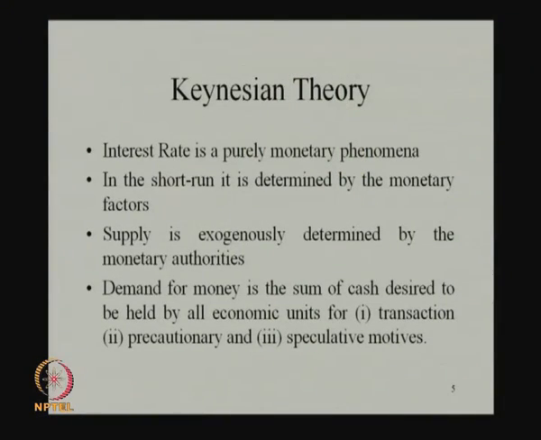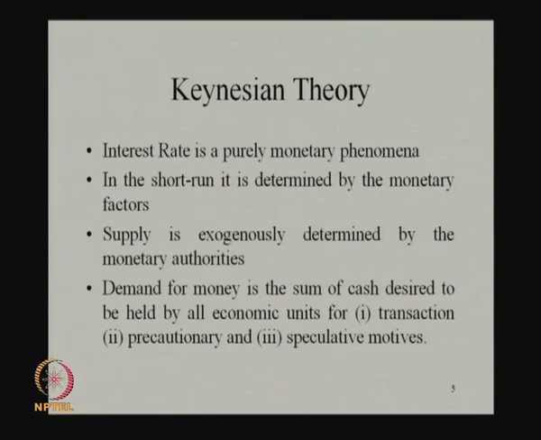There is no role of the real variables; all the monetary variables play the significant role in the determination of the interest rate in the financial market. Therefore, according to Keynes, interest rate is purely a monetary phenomenon. In the short run, it is determined by the monetary factors.